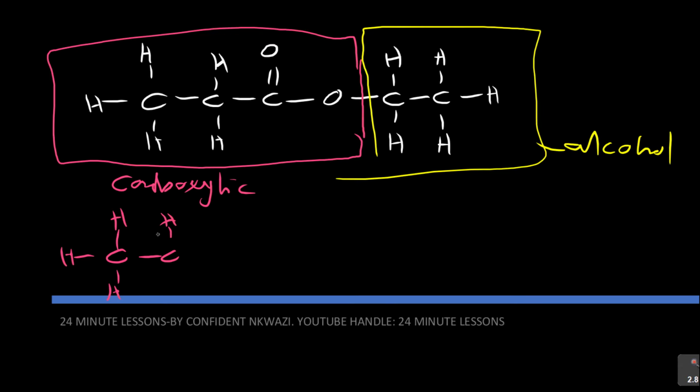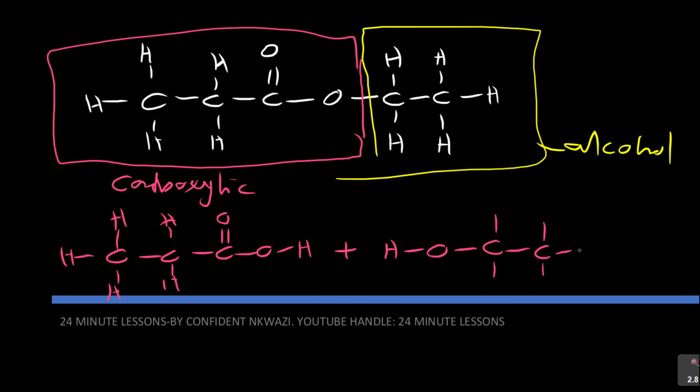See, back, and then COOH, and then plus. In here, remember, we cut the OH, the HO. So the HO, and then we do that. That's what we cut for the alcohol. If it's confusing you, you can take this one, this side, to say this was the hydrogen, this is the OH.